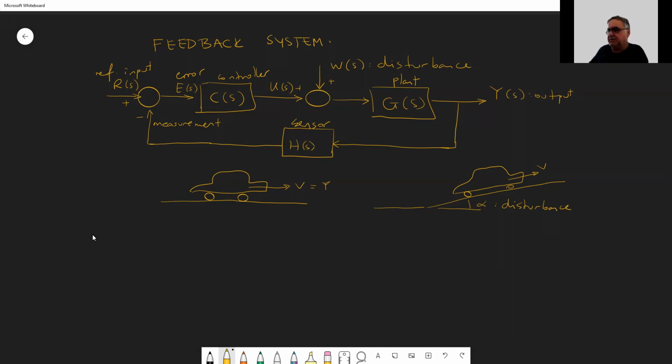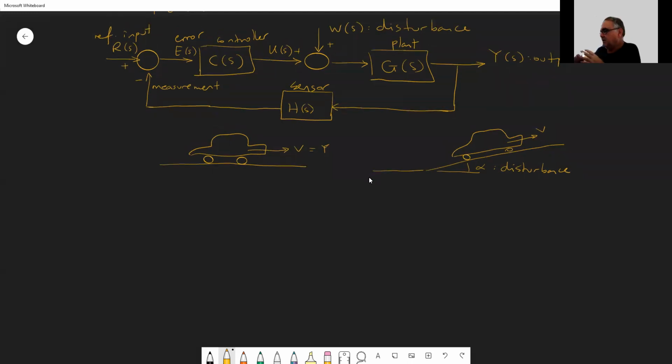So for simplicity, we will analyze this feedback system now and assume that H(s), which is the sensor transfer function, is 1, which means that the sensor is perfect, which means that the sensor measures the correct value of your output.